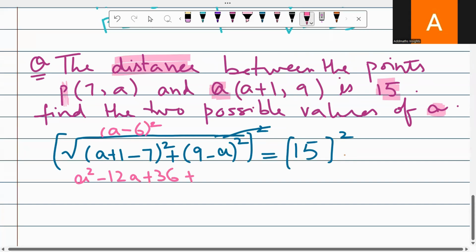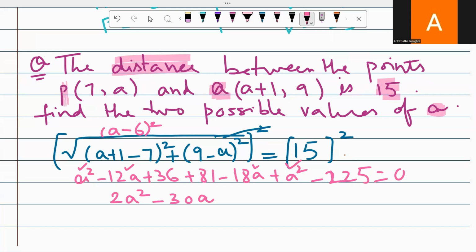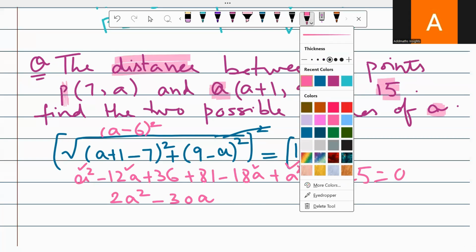Again we apply the identity: 81 minus 18a plus a square, minus 15 square, and take it to the other side to give the standard form to the given equation. So finally, when you simplify, we solve like terms. A square plus a square is 2a square. Then minus 12a and minus 18a is minus 30a. And plus 36 plus 81 minus 225 is minus 108.